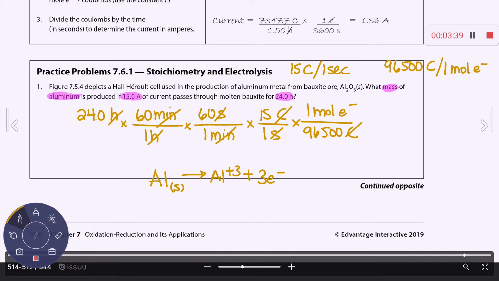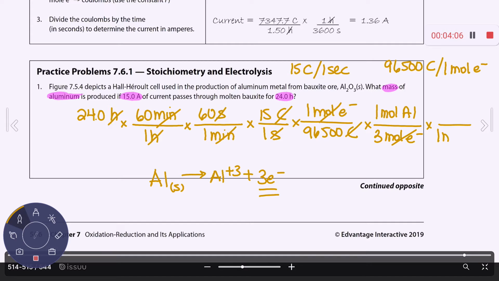You're going to use these electrons in this equation. So for every mole of aluminum, there will be 3 moles of electrons. So over here, you will say that you have 3 moles of electrons for every 1 mole of aluminum, and then you can convert aluminum into grams.